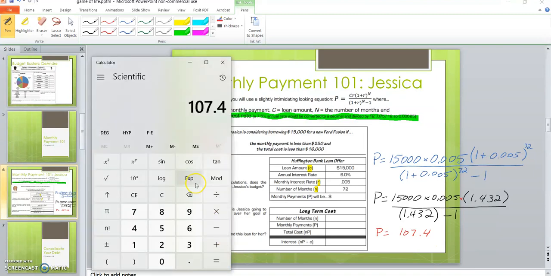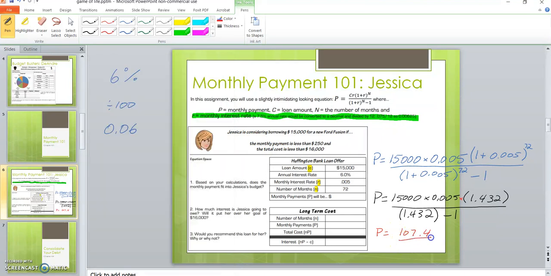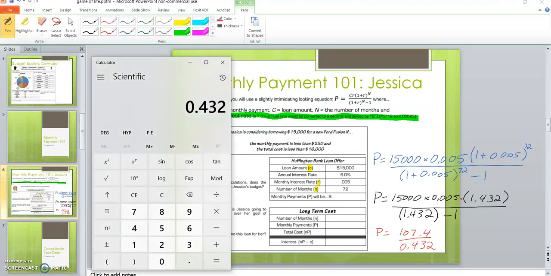Then on the bottom, I'm going to type in 1.432 minus 1. Now all I have to do is take my top number and divide it by my bottom number, 0.432.